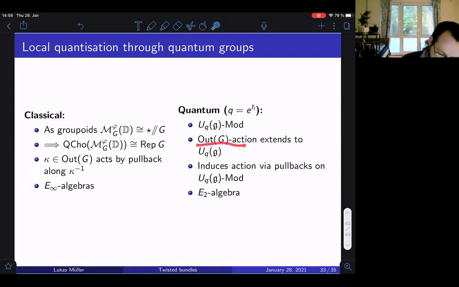And since we can realize this Out G action by Dynkin diagram automorphisms, it can actually act on the quantum group, and then via pullback we get an induced action on this category of modules over the quantum group. And this is less commutative. This is only an E2 algebra, so it's braided, and we lost a lot of commutativity. So this is what quantization should do. It should replace a commutative object with something less commutative.